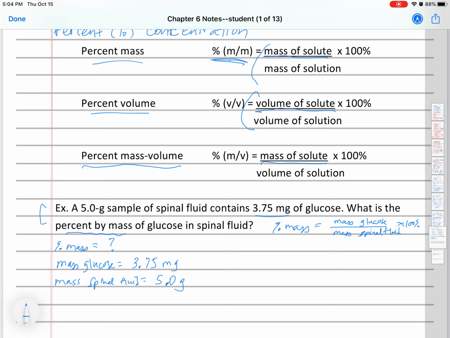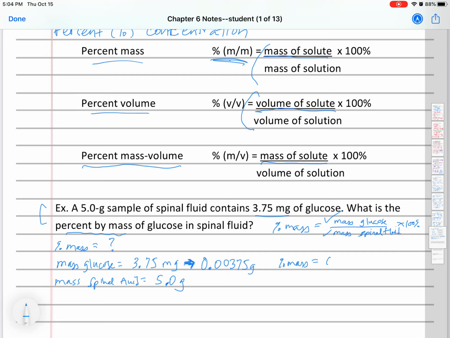So I can either change the 5 grams to milligrams, or I can change the 3.75 milligrams to grams. I'm going to change these to grams. I'm going to do that by dividing by 1,000, because there's 1,000 milligrams in a gram. So 3.75 milligrams divided by 1,000 is 0.00375 grams. Okay, so now I have my mass of glucose and my mass of spinal fluid, so I can solve the percent mass.